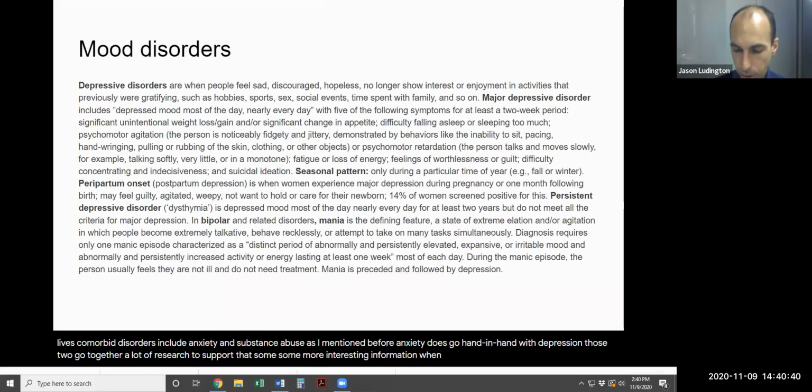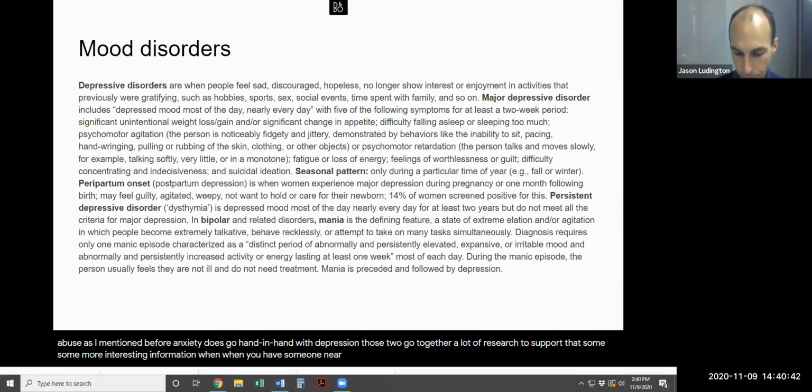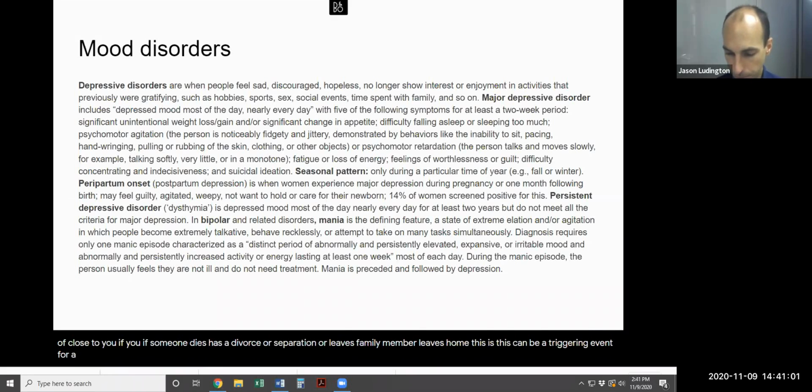When you have someone near to you, it could be a family member, friend, classmate, someone kind of close to you, if someone dies, has a divorce or separation, or a family member leaves home, this can be a triggering event for a depression, especially if the event humiliates you.